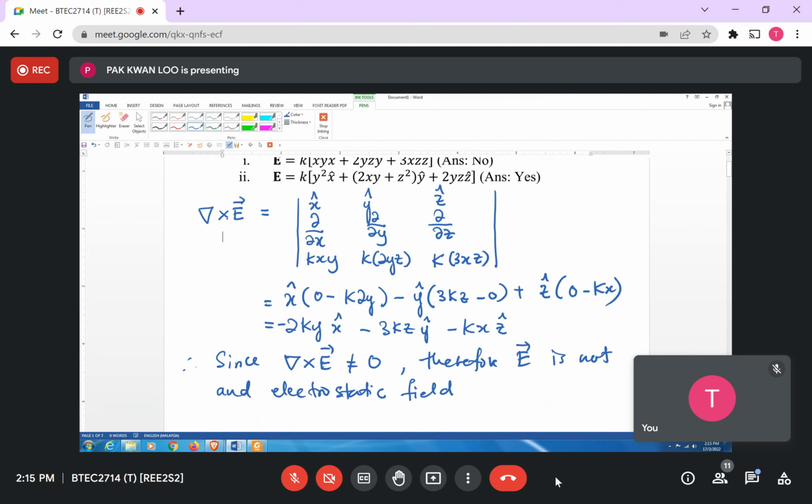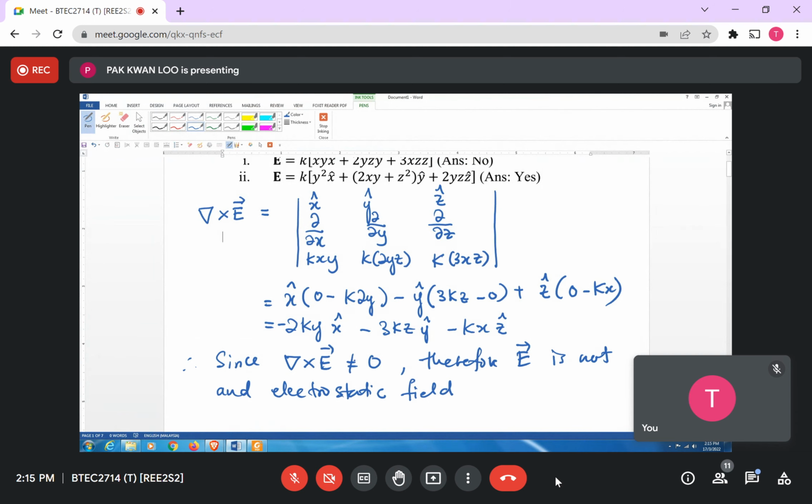Electric fields have two types. I did mention before that what we are studying now is only the static part. It is a static field, so that means it is a conservative field. If it's a conservative field, that means there's no curl. So the curl of the field must be equal to 0.